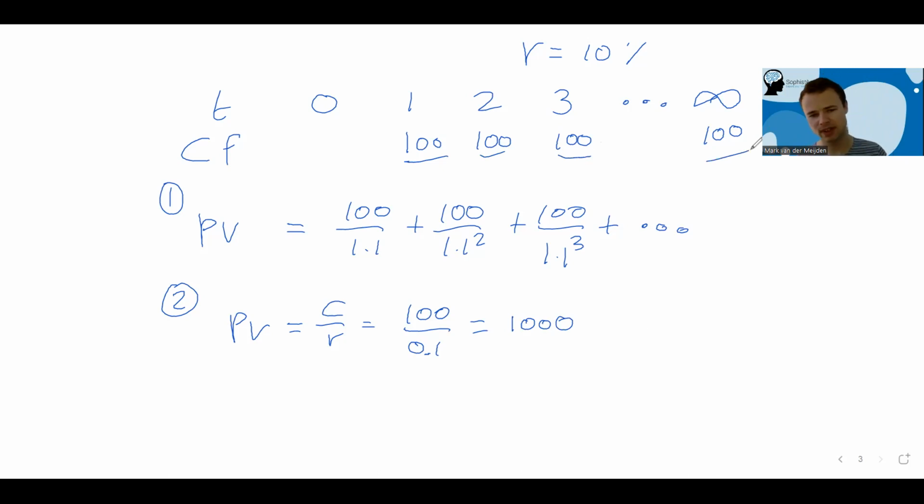That's the intuition here. So getting 100 euro each year is the same as having 1,000 euro today, because that 1,000 would pay you those cash flows as interest. And therefore, that's the present value. Does that make sense? Okay.